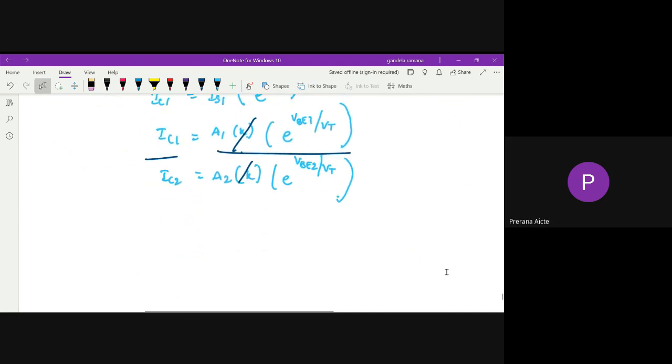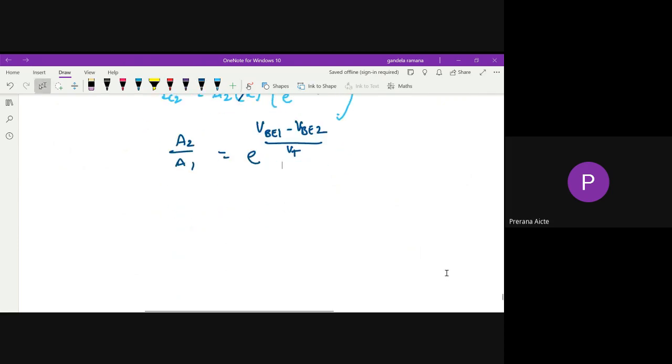So A2 by A1 is equal to e power VBE1 minus VBE2 upon VT. So what we want to find out is VBE1 minus VBE2, which is equal to VT ln A2 by A1.